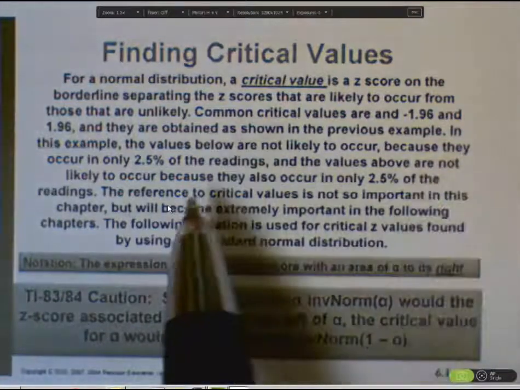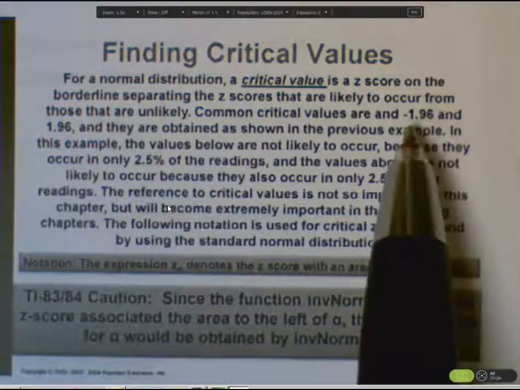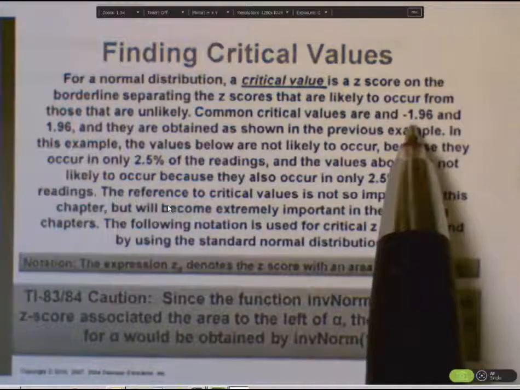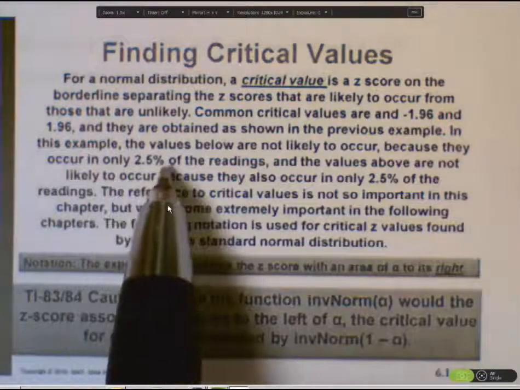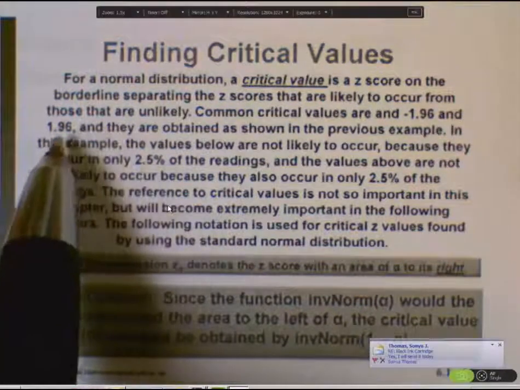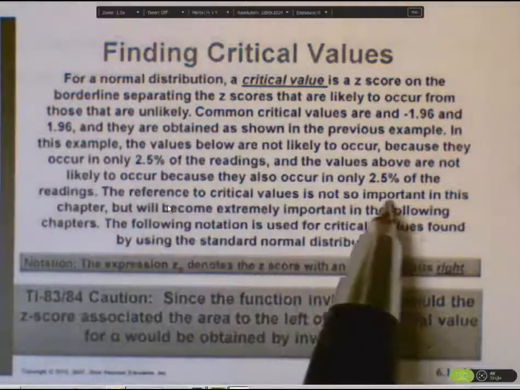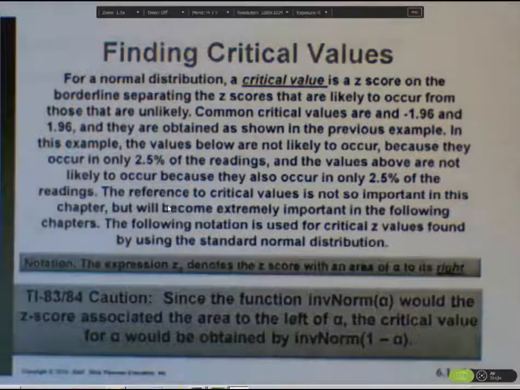In the previous example, the values below negative 1.96 are unlikely to happen. They only occur in 2.5% of the readings. Or X values above 1.96 are unlikely to happen. They only happen 2.5% of the time.